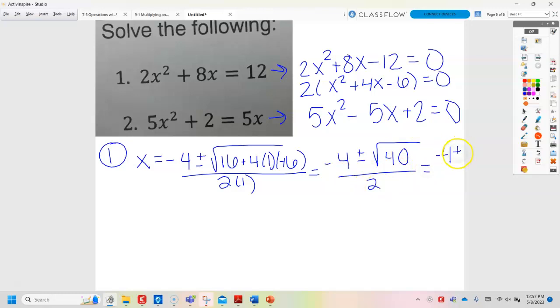So then I would take out the square root of 4, which would be 2, leaving behind a 10. And if it were multiple choice, more than likely it would simplify the 4 divided by 2 to negative 2, the 2 divided by 2 to a 1. Remember, you have to simplify it away from both numbers, not just one.